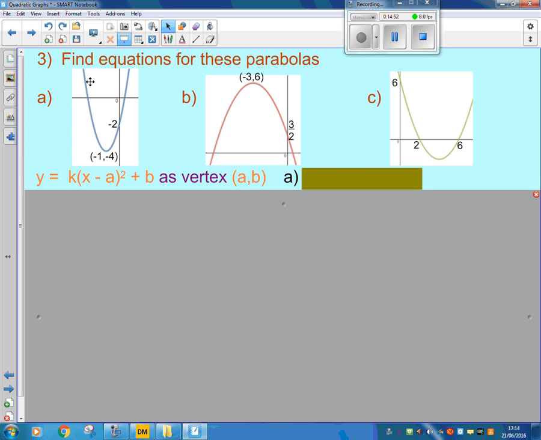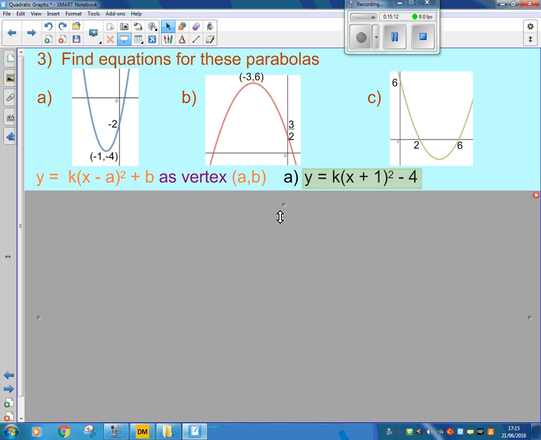Well, these ones here are going to be in completed square form because we know the vertex. So we write down y equals, well, it might just be x minus a all squared plus b, but there could be a number in front. Either way, we know the vertex here.